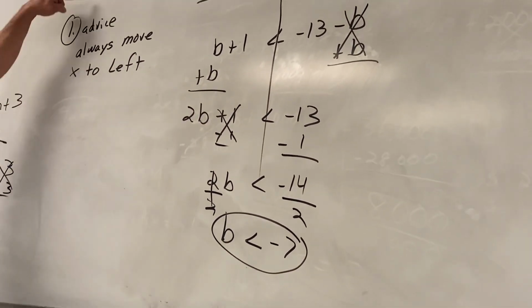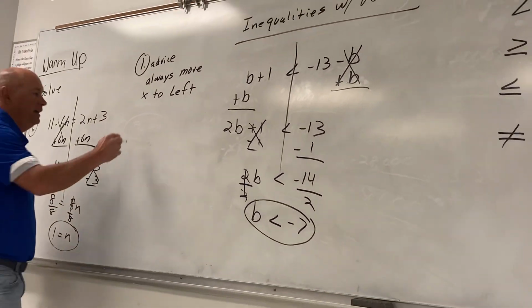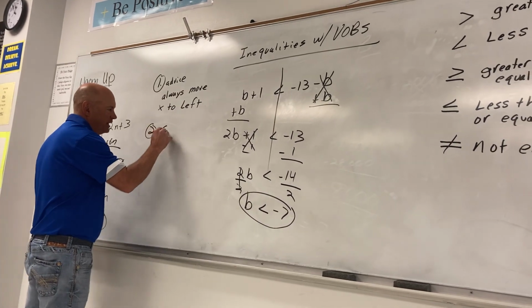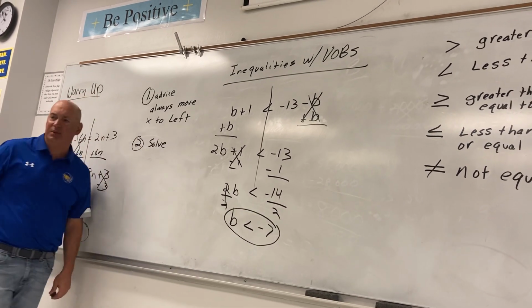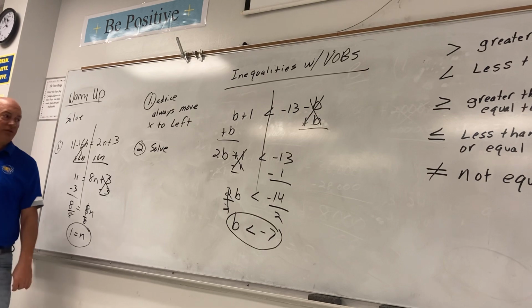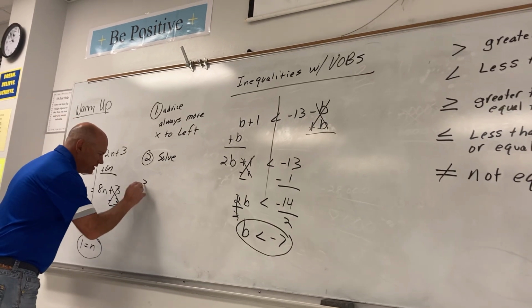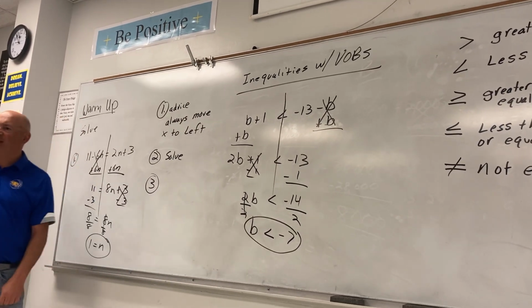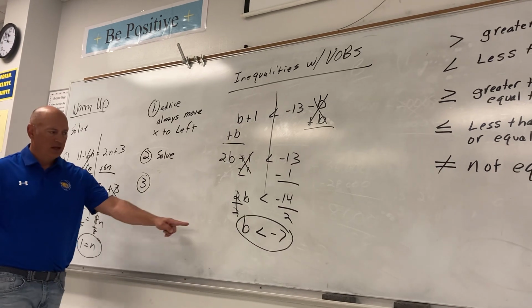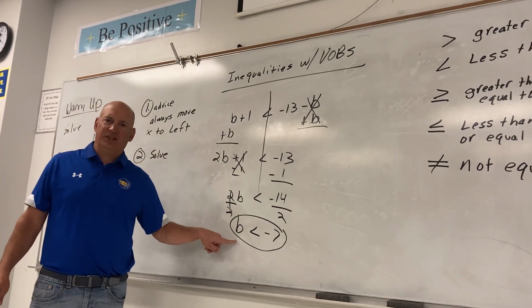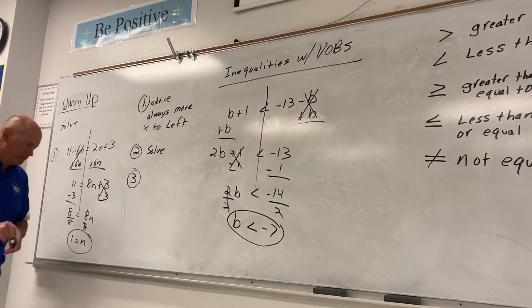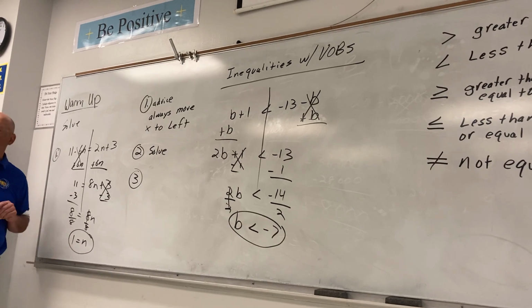All right, so move the x to the left, and then step 2, solve it like you know how to solve it. Get B all by itself. Now there's a third step anytime that we have inequalities. This is different than an equation. On the warm-up, there was only one answer that works.